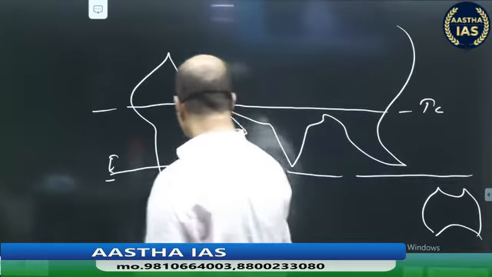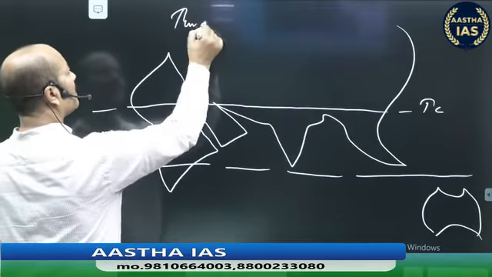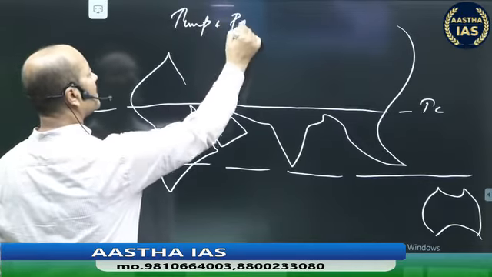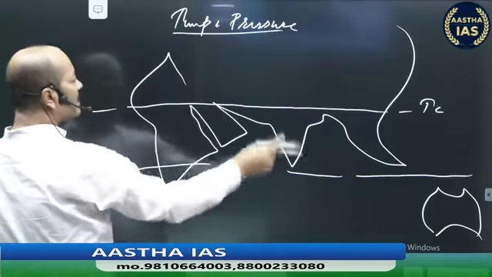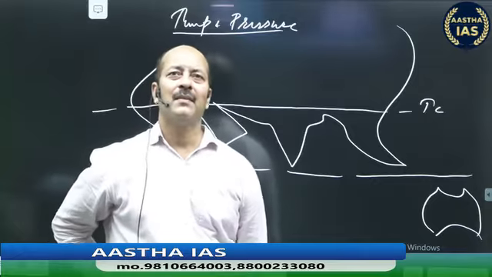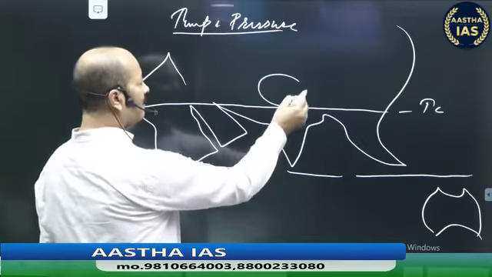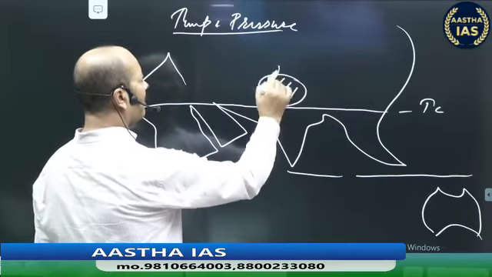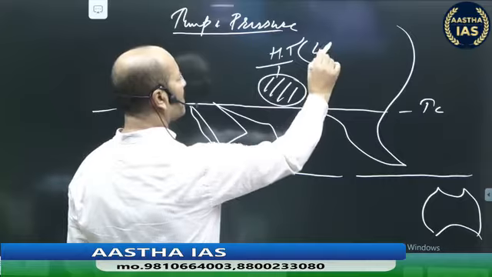You write at the top, temperature and pressure. You write summer season. In the summer season, India, this area, will have high temperature and as a result low pressure.